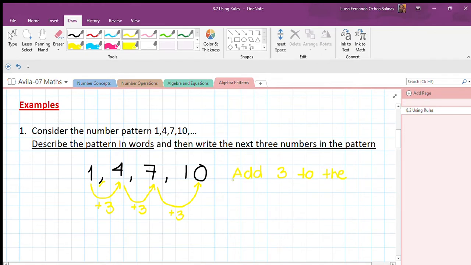Notice that we need the previous term in order to decide the following terms of the sequence. So which ones are going to be the following terms? We know that the next terms will be 13, 16, and 19. Okay, I'll stop that video here and we will go with the next example on the next video.